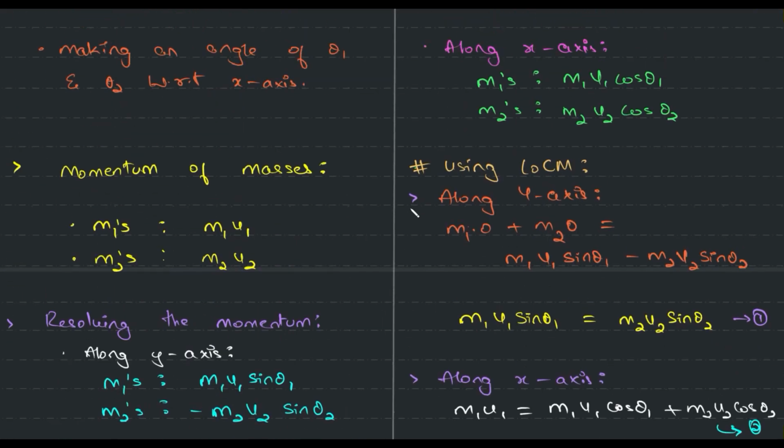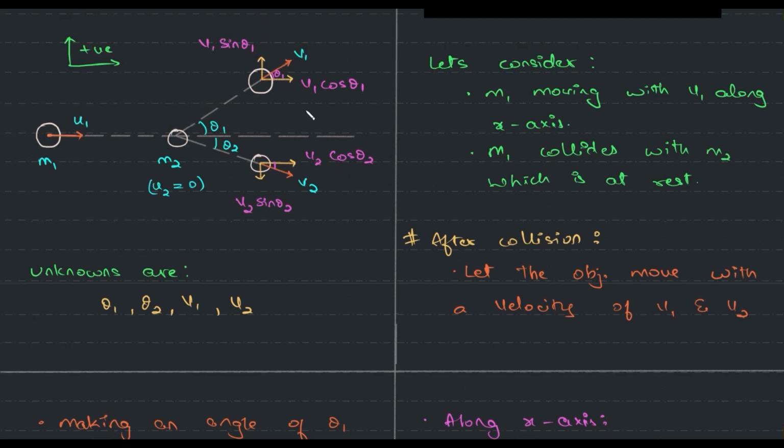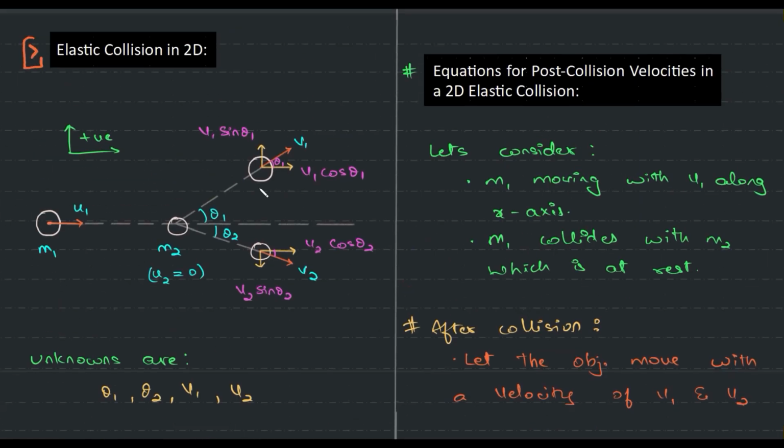And how do you go on to calculate? Again, this is not a formula, honestly. This is a way that you need to calculate. I draw a diagram and then I start resolving it, and then I use conservation of momentum. So v1 sine theta 1 has to be equal to v2 sine theta 2. There's no other option. That's how I start, and then the momentum along the x-axis initial has to be equal to final.